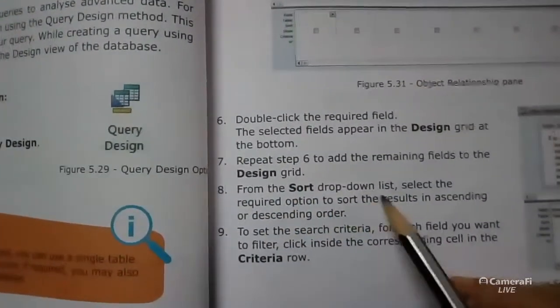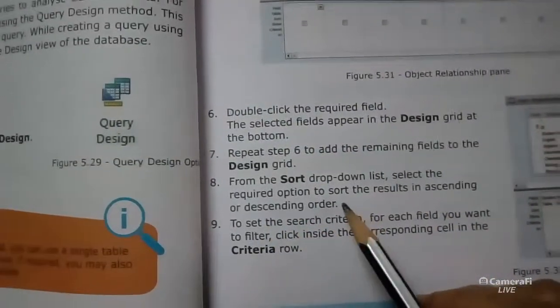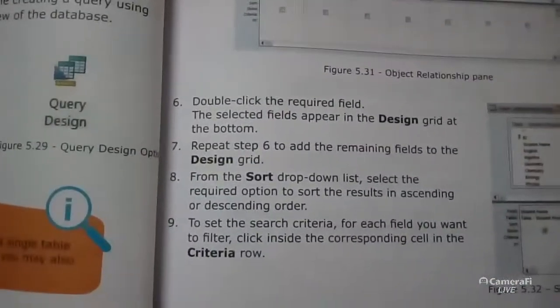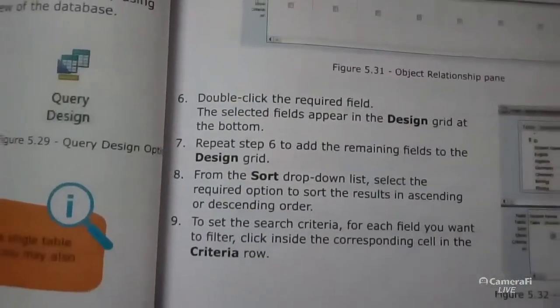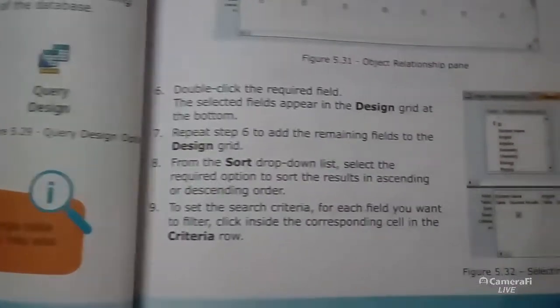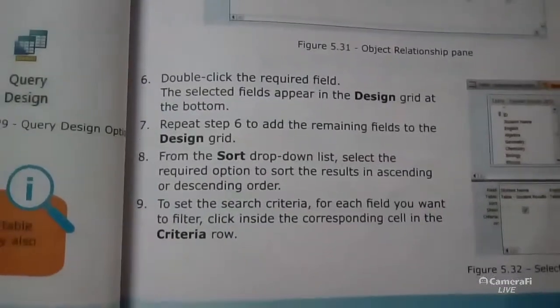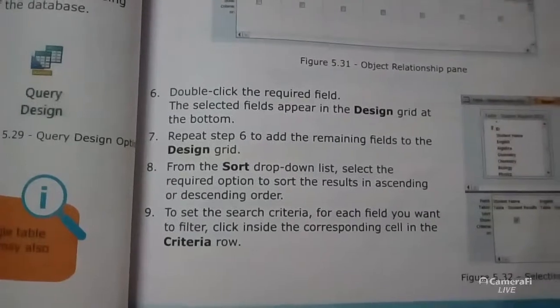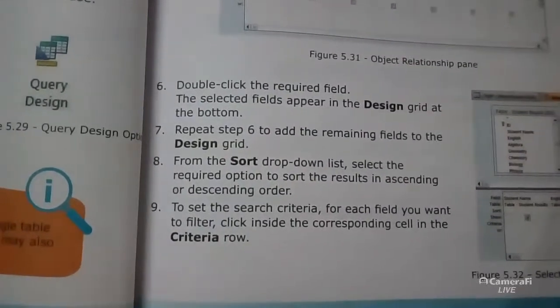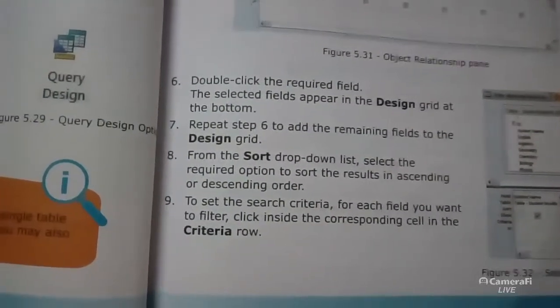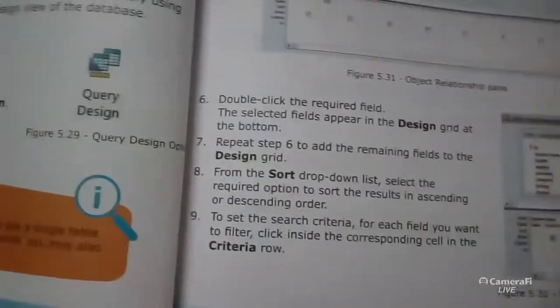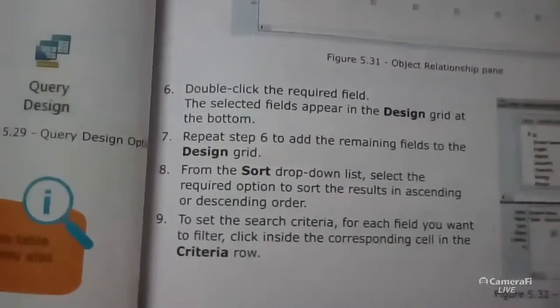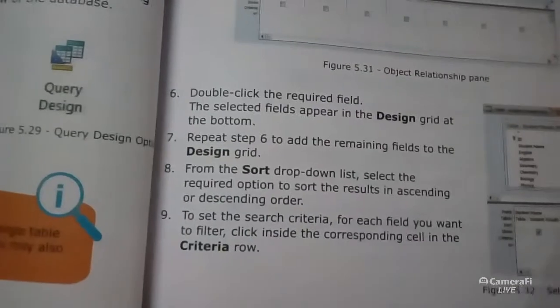From the Sort drop-down list, select the required option to sort the results in ascending or descending order. Achha, do you know what ascending order and descending order are? In mathematics, I think you have done it. Ascending order means from smallest to greatest, and descending means greatest to smallest. So here, for text, it will be alphabetical order.